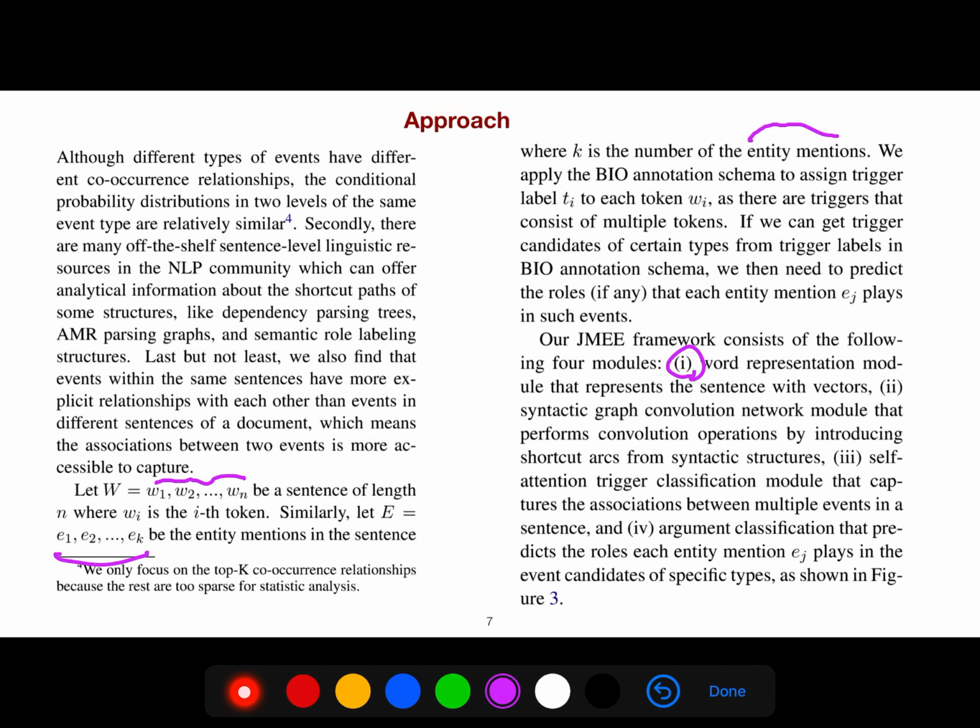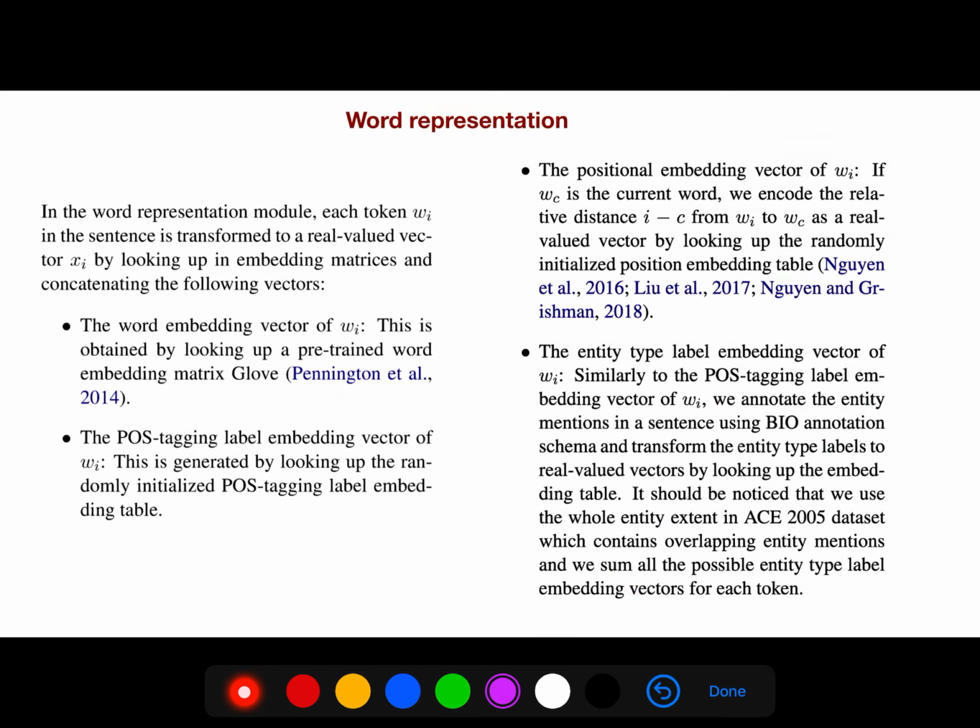First, word representation. Then we have syntactic graph convolutional networks, like many previous papers that I've explained. Third is self-attention trigger classification. And finally, argument classification that predicts the roles each entity mention plays in the event candidates of specific types.